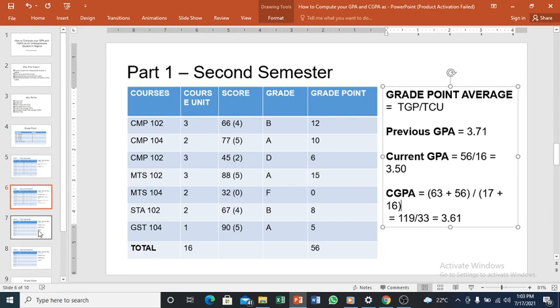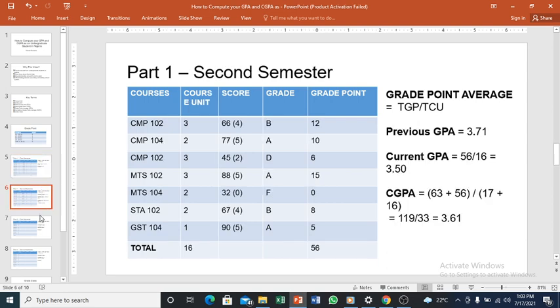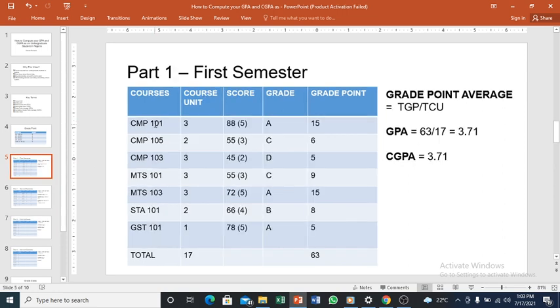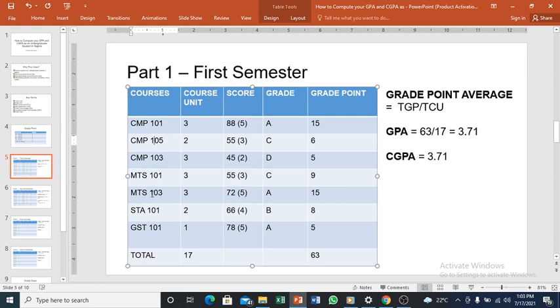So what happens if we have a third semester? So this is part one, 100 level, first semester, second semester. Now let's assume this student now came into 200 level. Probably this is the last I would be using to explain, and then I would end from there. You would see that other levels' courses started with 10-something, 11-something, and first semester courses always end with an odd number: 101, 105, 103, 101, 103, 101, 101.